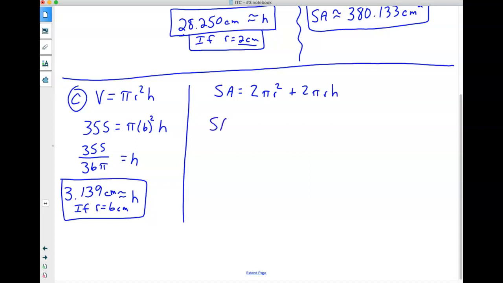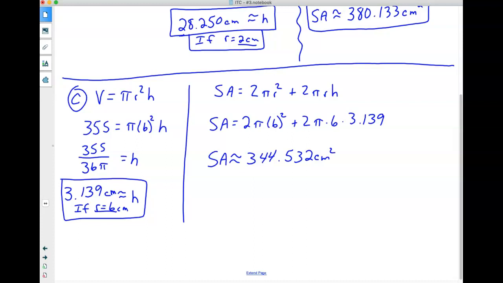Well, that means my surface area is going to be 2 times pi times 6 squared, because my radius is 6, plus 2 pi times 6 times, if the radius is 6, my height is 3.139, which means my surface area is approximately equal to 344.532 centimeters squared.